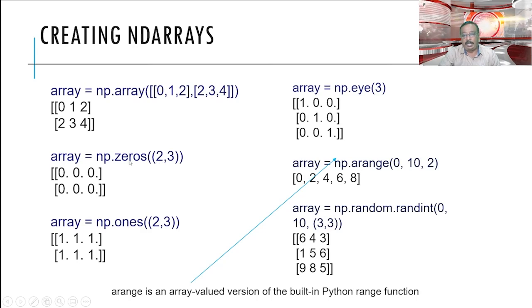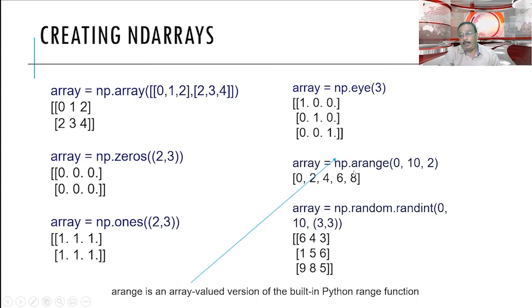Here we are giving np.zeros((2, 3)), which means we are going to create a 2-dimensional zero array with 2 rows and 3 columns. All the elements of the array are going to be zeros. Similarly, np.ones creates an array with the number 1 alone. And np.eye is going to create a unit matrix, so here you get a 3 cross 3 unit matrix.